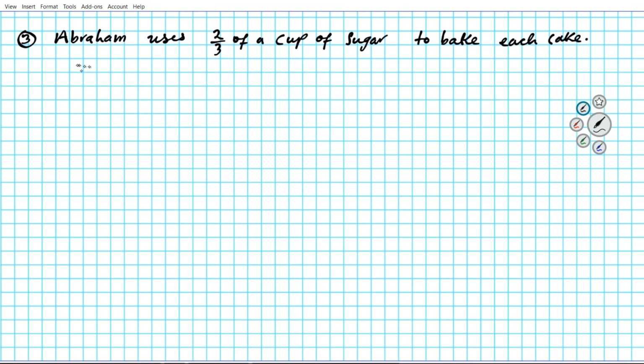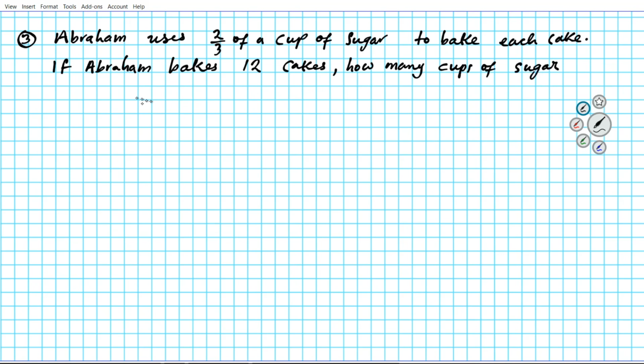Okay, if Abraham bakes 12 cakes, question, how many cups of sugar did he use?